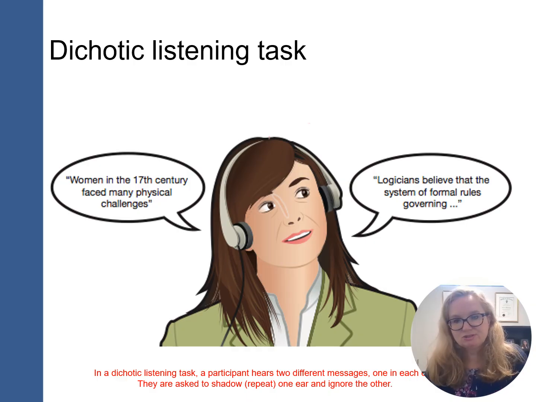So one way researchers have done this in the laboratory is to create what is called a dichotic listening task. And this is when a research subject is putting on headphones, but the headphones have a different message going on in each ear. So one ear has one message and another ear has another message. And they are asked to shadow or repeat what is going on in one ear and ignore the other.